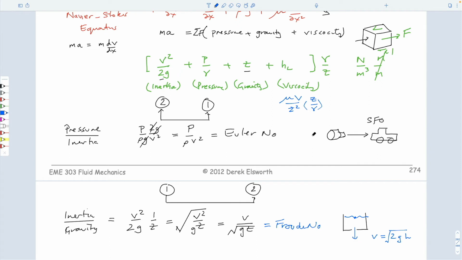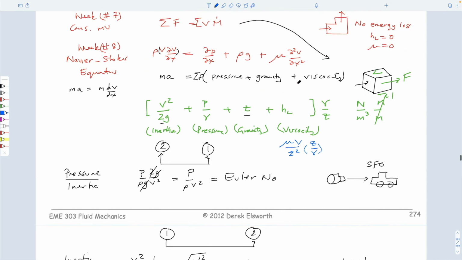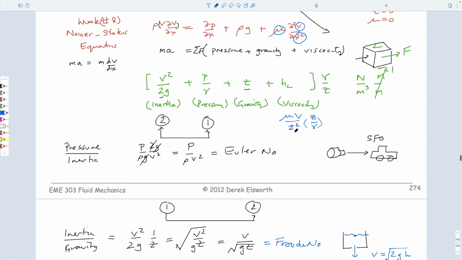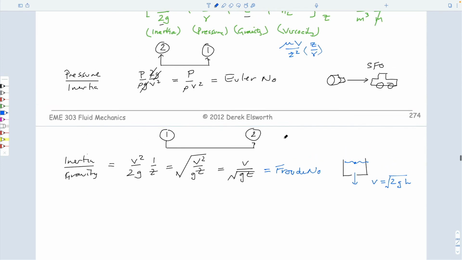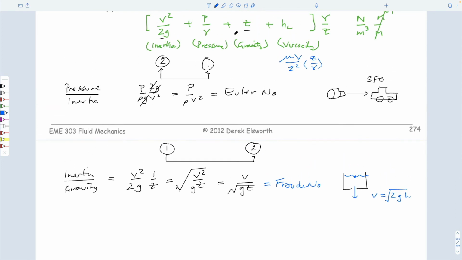Yeah, I think I do. So this term here is coming from this. This is v, this is mu, and this is some length term squared. Mu v over z squared.